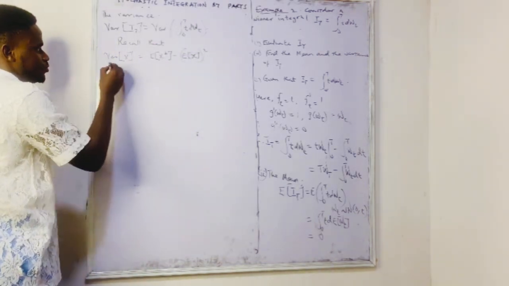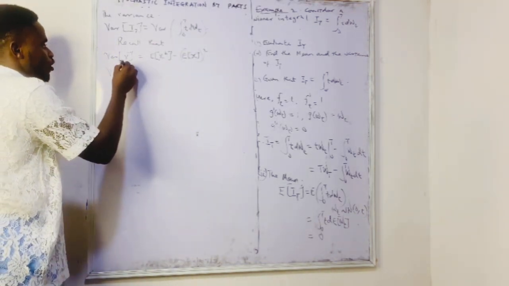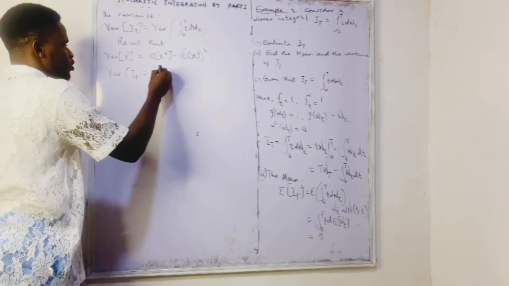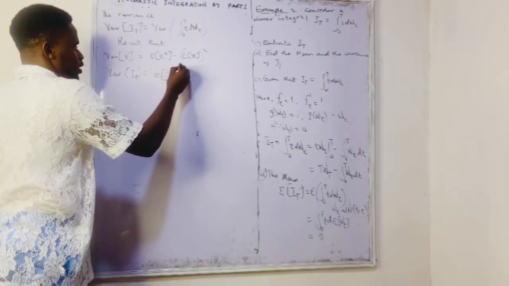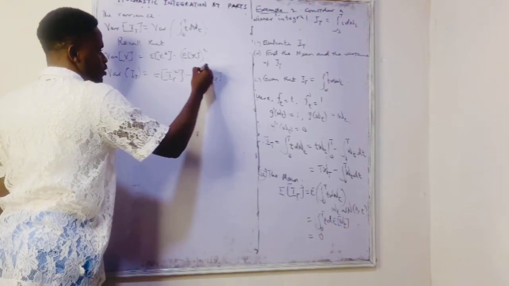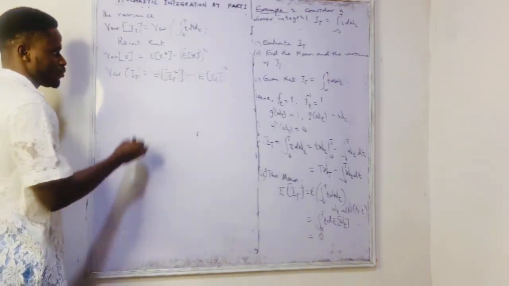Same approach here. So Var of I_t is simply the expectation of I_t squared minus the mean squared.